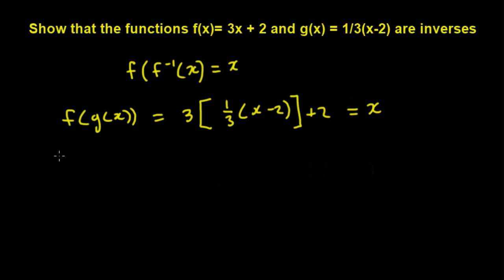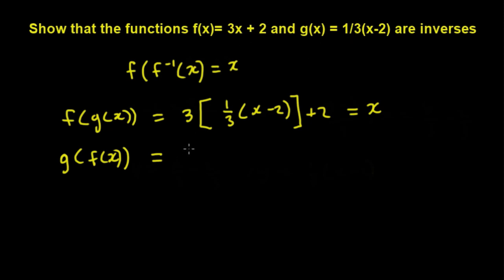Now we could go ahead as well if we wanted to, and we could have done the g of f of x, and we would still end up with the same answer as x. So let's just do this one for practice. We're going to take f of x and we're going to put it into g. So everywhere you see an x here in this function, we replace it with 3x plus 2. So let's go ahead and do that.